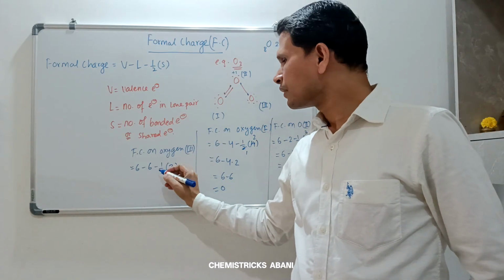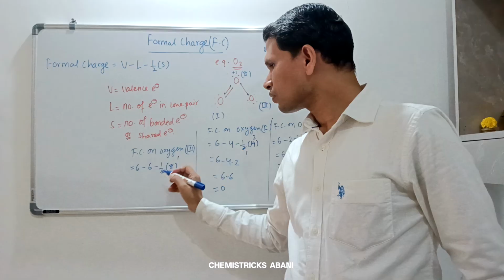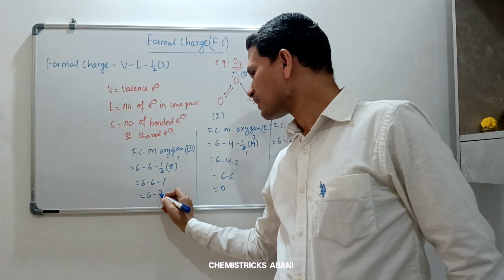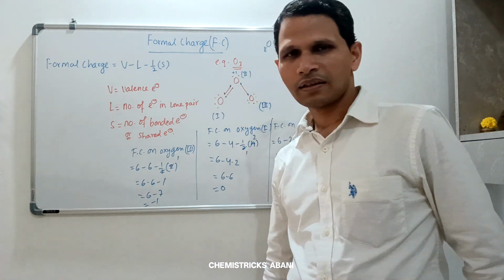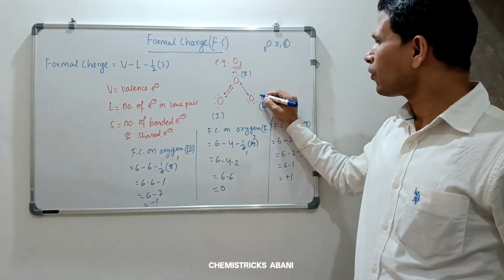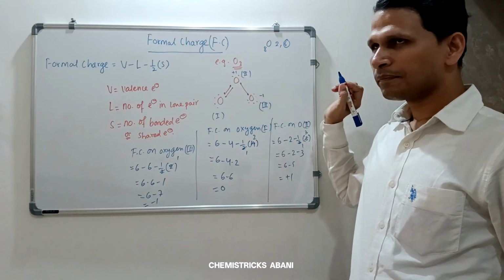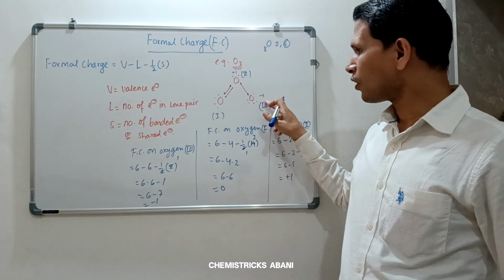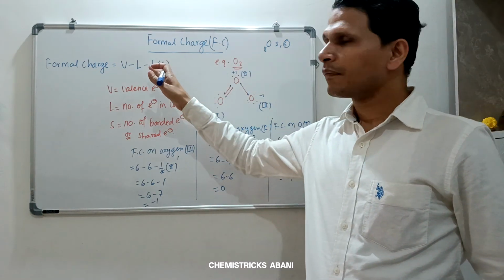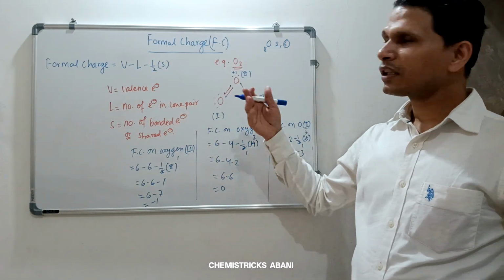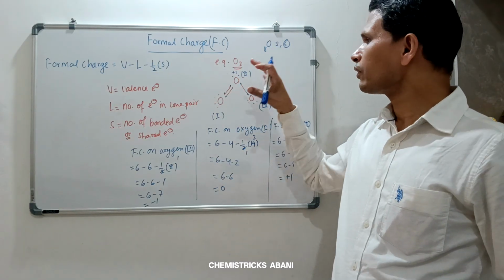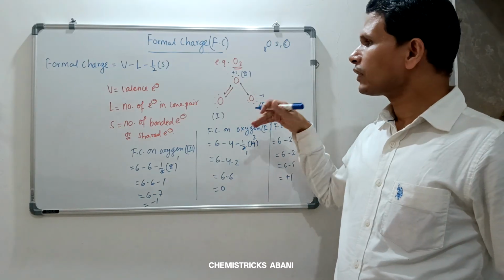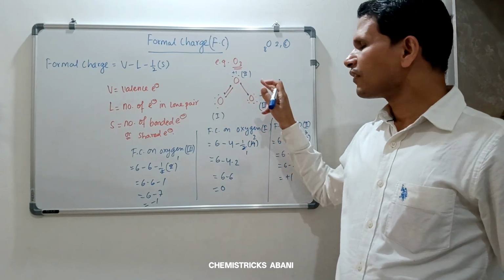So 2 cancels with 2, and it becomes 6 minus 7, which is minus 1. So the formal charge on this oxygen is minus 1. This way we can find the formal charge on all 3 oxygens using this formula. Similarly, for any molecule, first you need to draw the Lewis structure, assign proper lone pairs and bond pairs, then you can assign the formal charge to each and every atom.